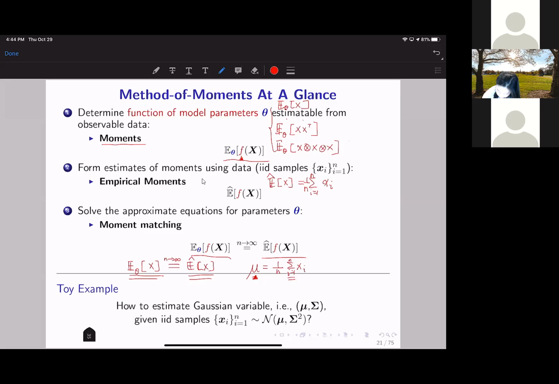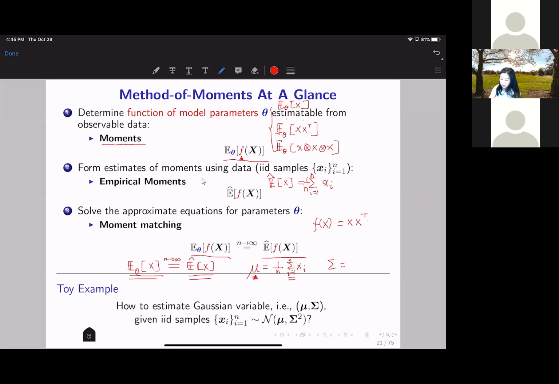So now what about the covariance? Can I also learn my covariance using my data? Yes. So as long as you have your f(x) to be something like xx transpose, okay, so actually that's what I plan to do today.